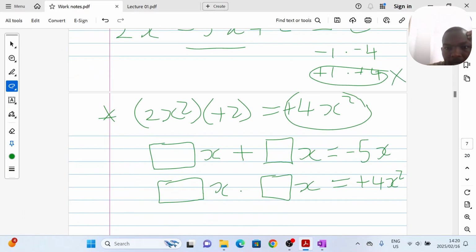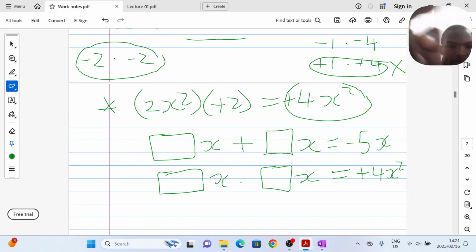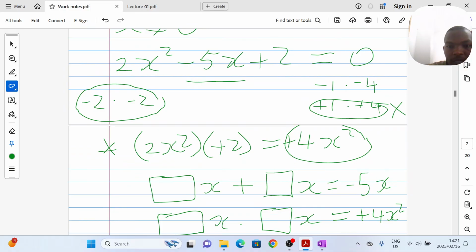Another one would be minus 2 times minus 2, and those two will give us a positive 4. But if you look at those two, when you add them, you get minus 4, not minus 5. So the correct ones are minus 1 and minus 4. That's what we are looking for.